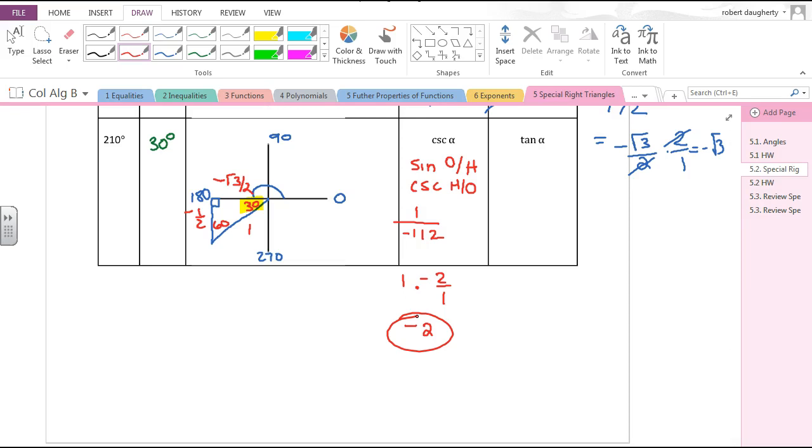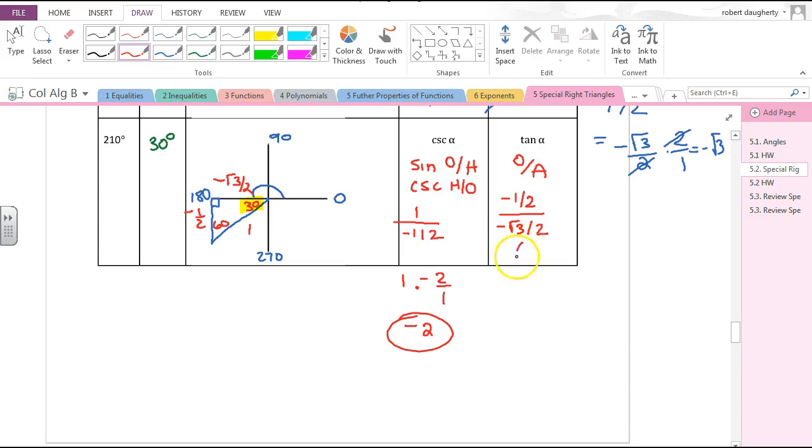The tangent. What's the definition of tangent? Opposite over adjacent. So look at that reference angle, that central angle theta. What's the opposite? Yeah, negative 1/2 divided by what? Negative square root of 3 over 2.